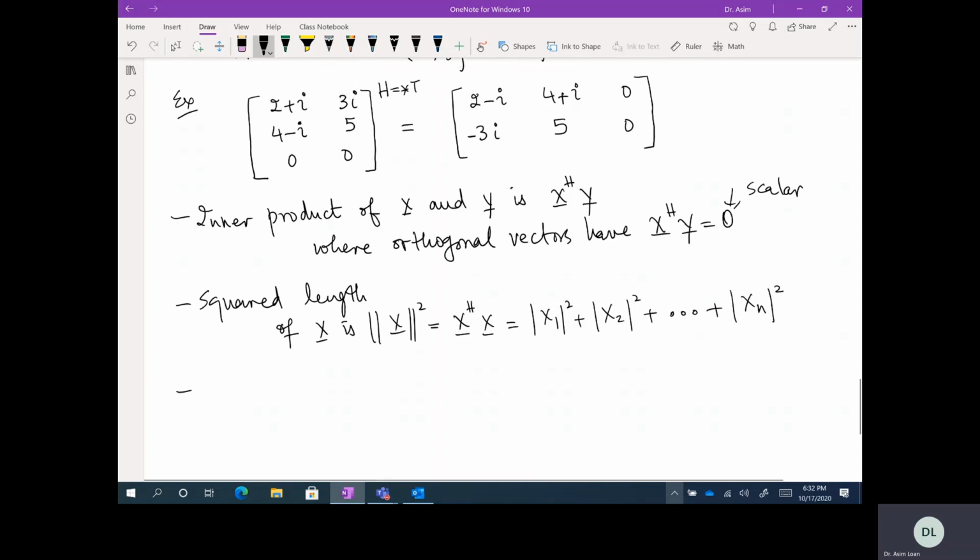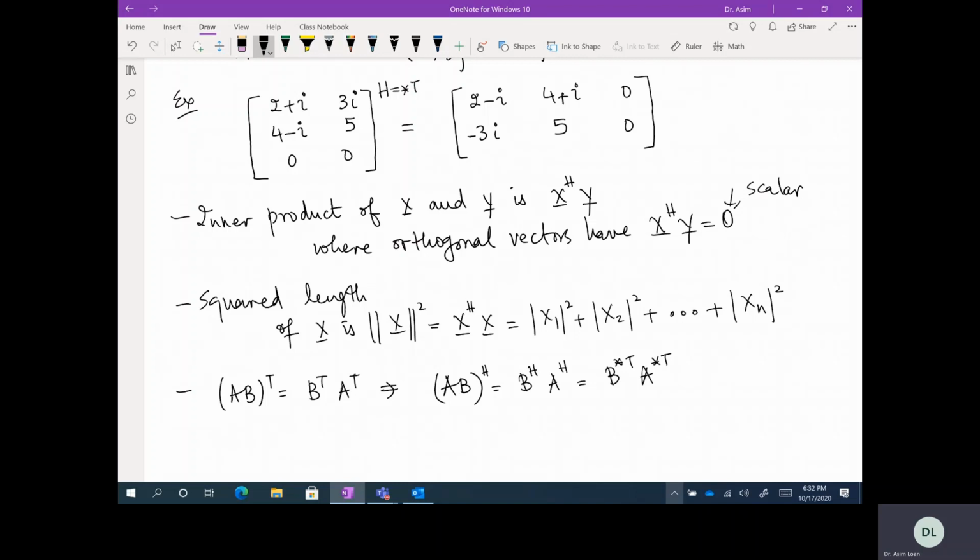Also, (AB) transpose equals B transpose A transpose. This implies (AB) Hermitian equals B Hermitian A Hermitian, which is B conjugate transpose A conjugate transpose.